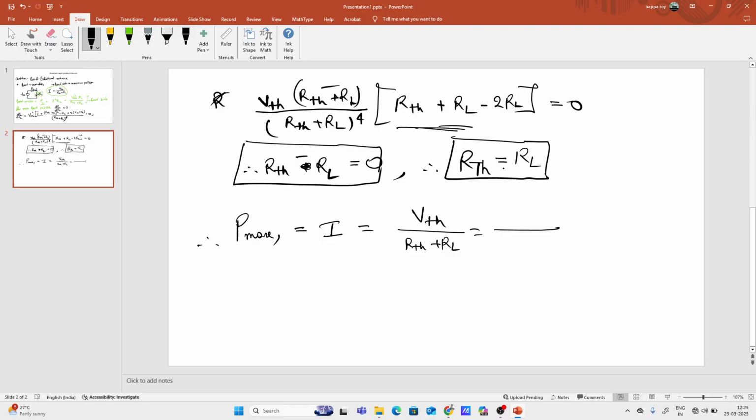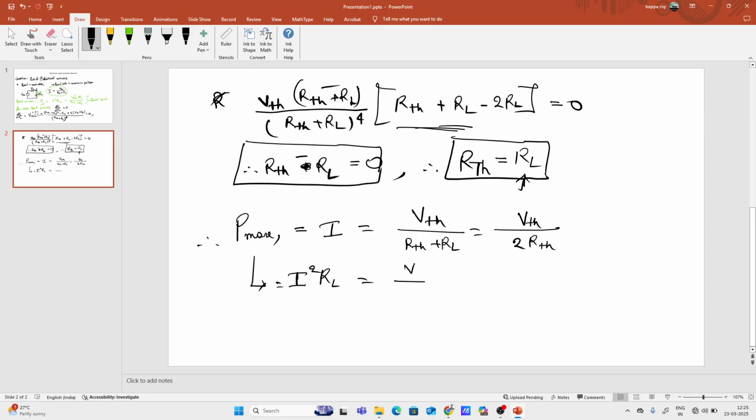Now if we replace RL with RTH, it becomes VTH divided by 2 RTH. Now Pmax for the load side. Load side is always I square R, I square RL.